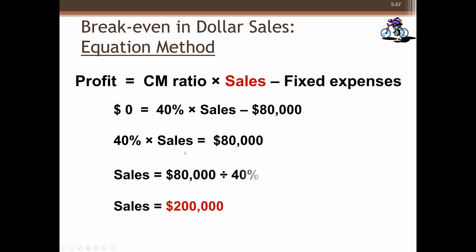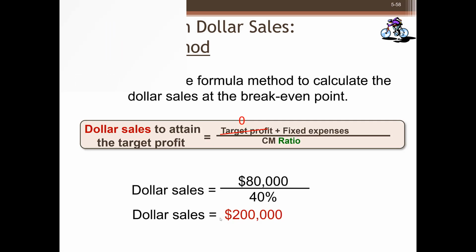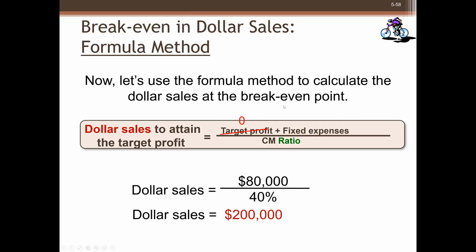So we can solve sales from this algebra equation here, which should be $200,000. For the formula method, that's very straightforward. We use fixed expenses divided by contribution margin ratio, 80,000 divided by 40%. We can get dollar sales of $200,000.